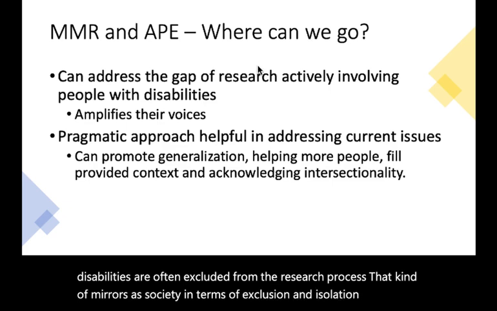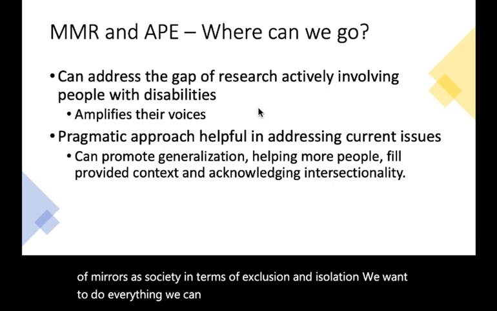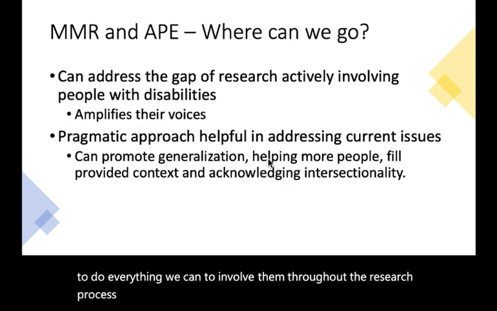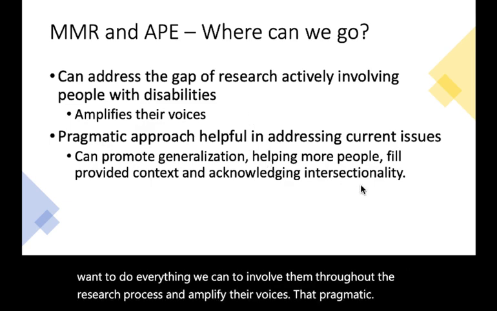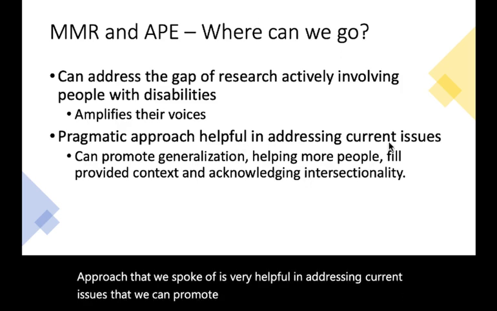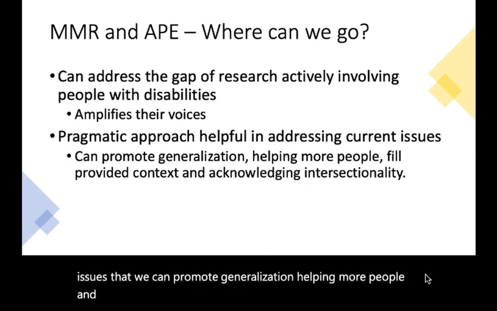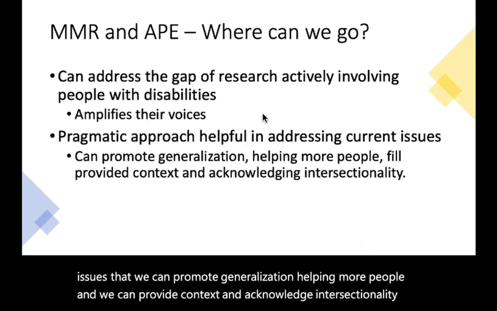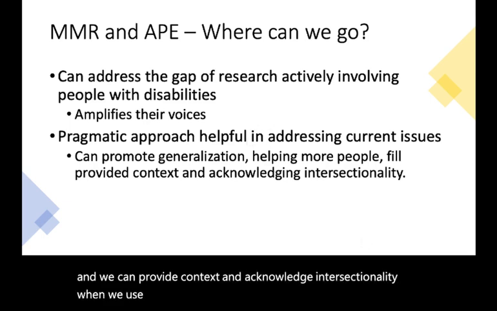We want to do everything we can to involve them throughout the research process and amplify their voices. That pragmatic approach that we spoke of is very helpful in addressing current issues. We can promote generalization, helping more people, and we can provide context and acknowledge intersectionality when we use MMR research.